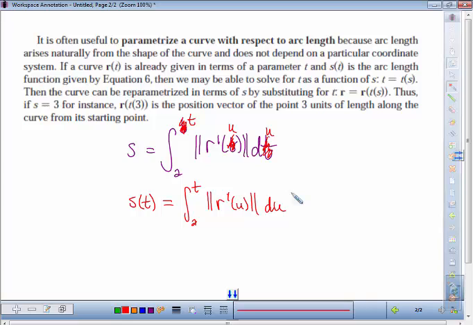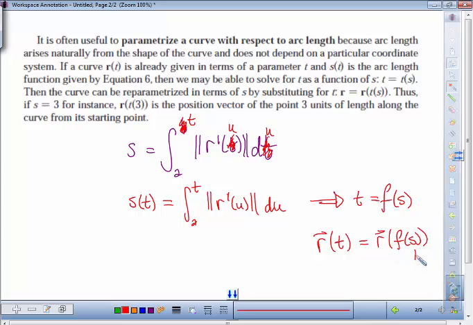Now they say, kind of casually, that, oh yeah, if you just solve for t is equal to a function of s, wait, how did they do that? t is some function of s where you solve for t, then you can replace your function, and instead of calling it r of t, you call it r of that function of s.